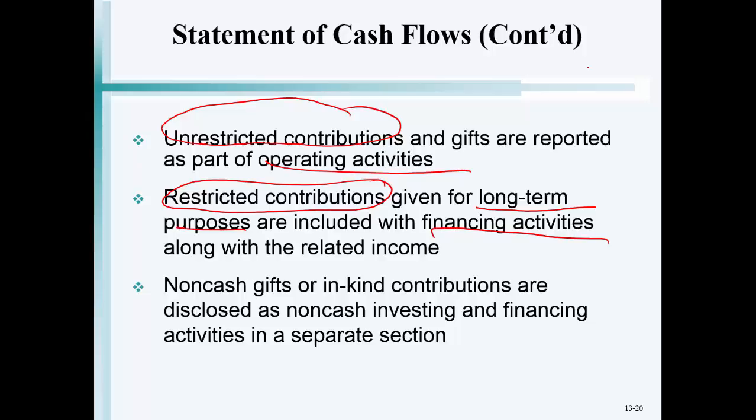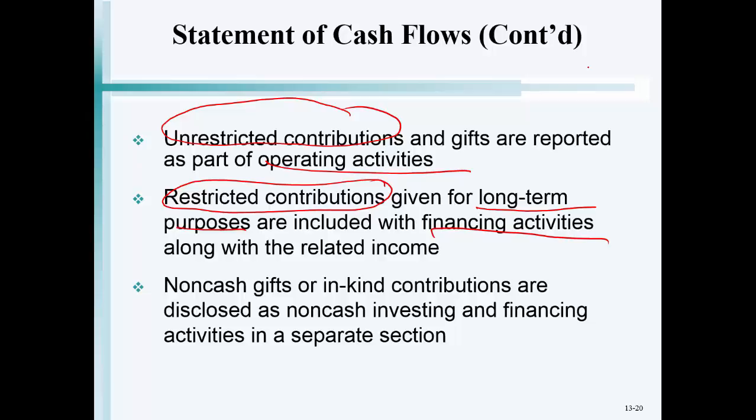If there is a restriction on a contribution for a long-term purpose, so now somebody gives me cash and says, I want you to acquire equipment with that money, then that contribution of cash is reported in the financing section of the statement of cash flows.